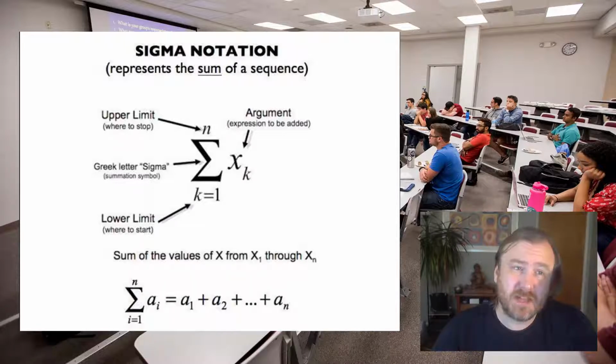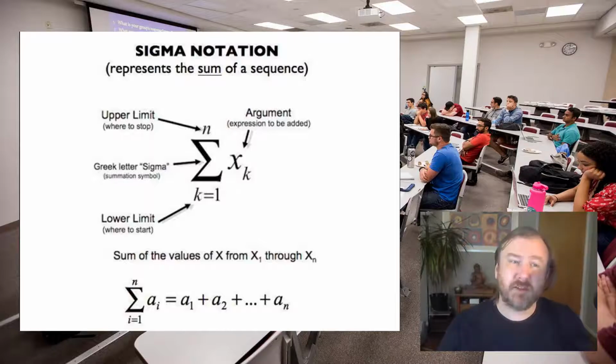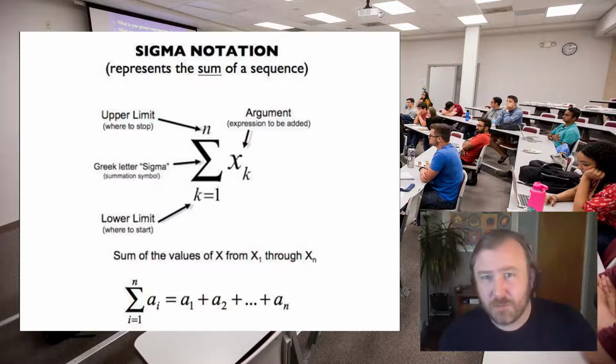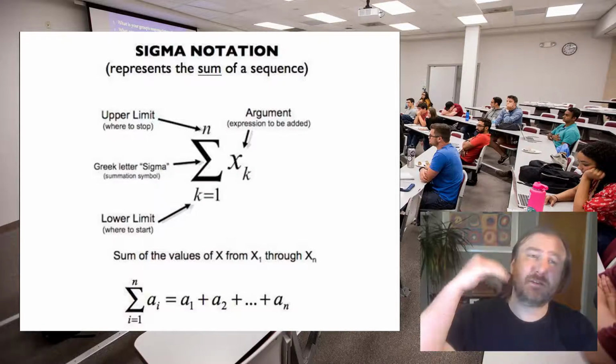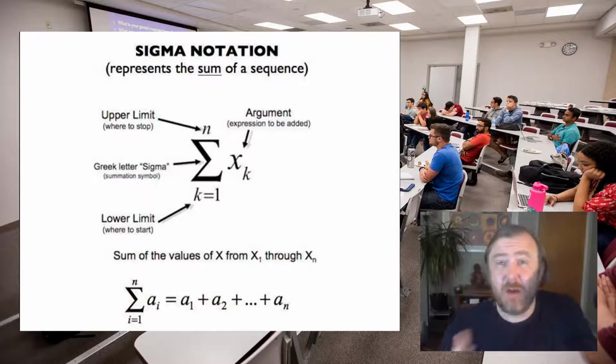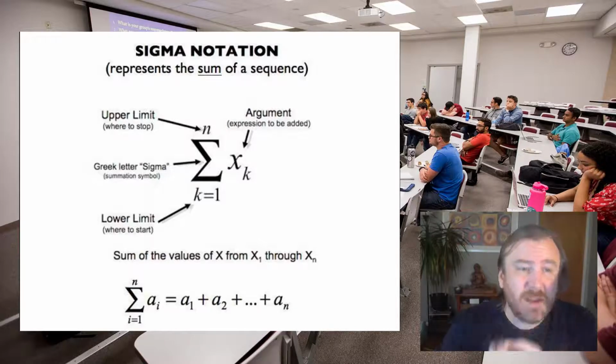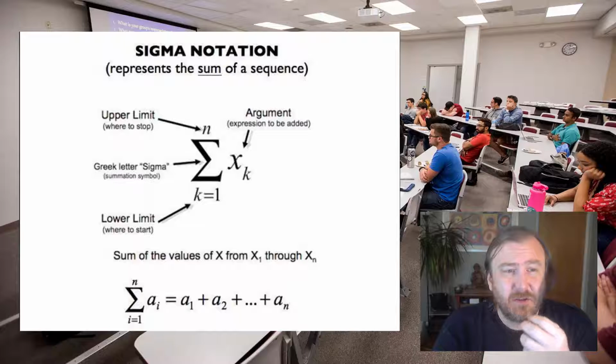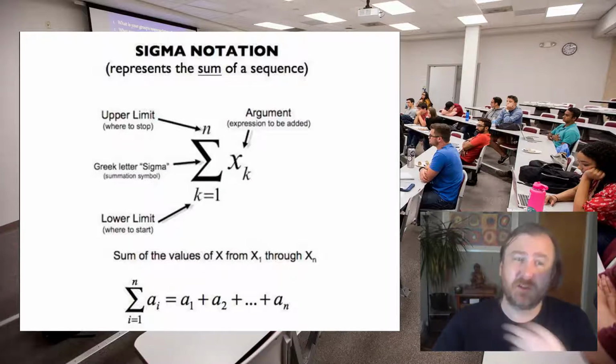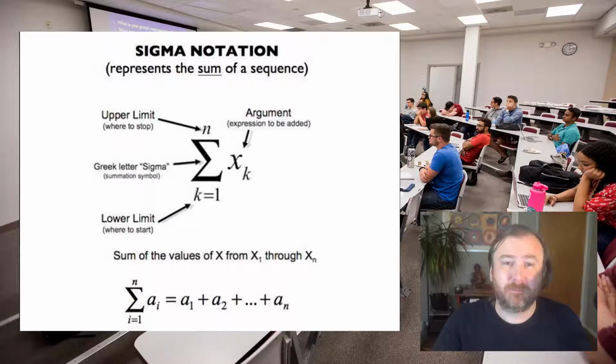The sigma symbol is saying sum up the values, but you need to know which ones. So you need a lower limit and an upper limit. Lower limit is below sigma, upper limit is above sigma. And then you need to know what values you're summing up, and that's x. So here we can see that sigma of 1 through n on variable x is what we're going to be adding up.